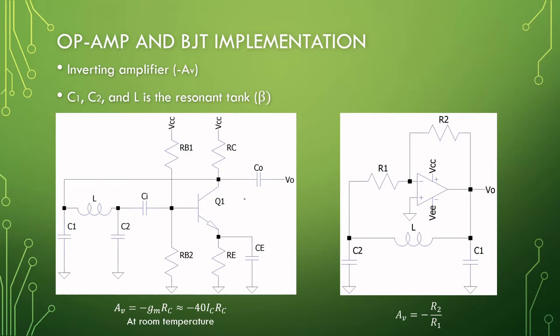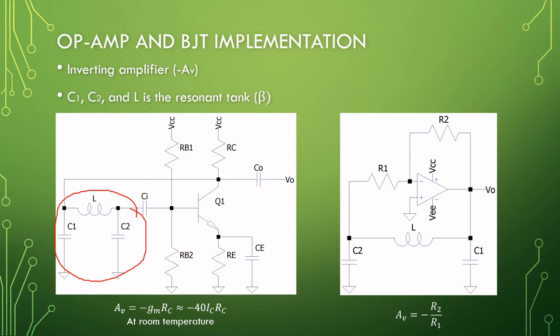If we look at the two figures, one is the BJT implementation, the other is the op-amp implementation, and both of them have the LC tank. For the Colpitts, it's two capacitors and one inductor in this kind of pi configuration that you'll find here.